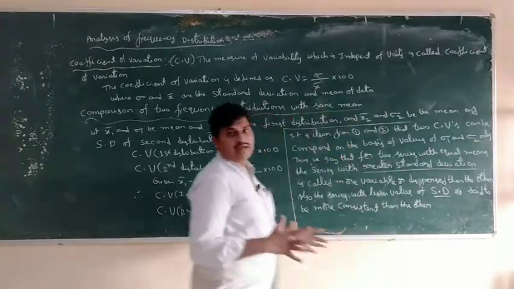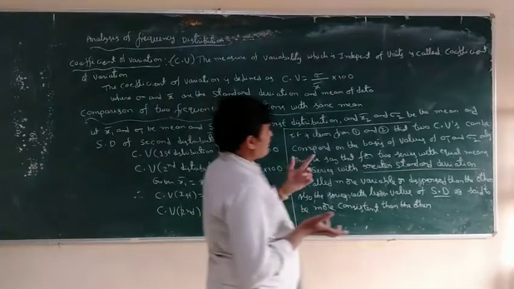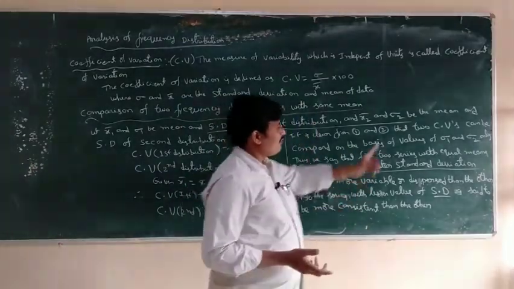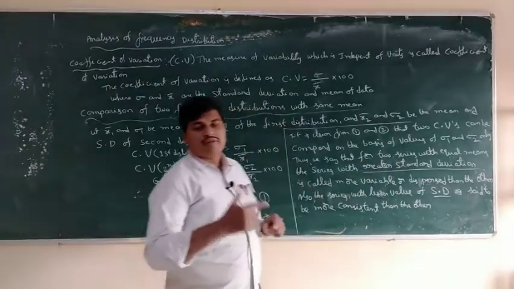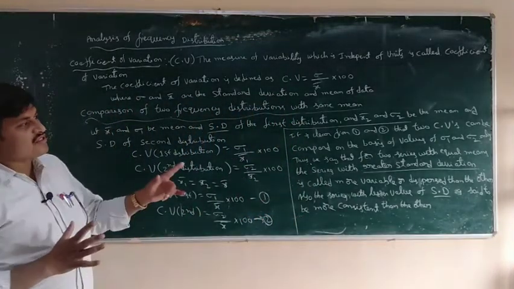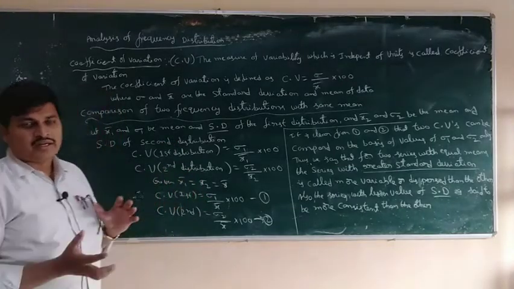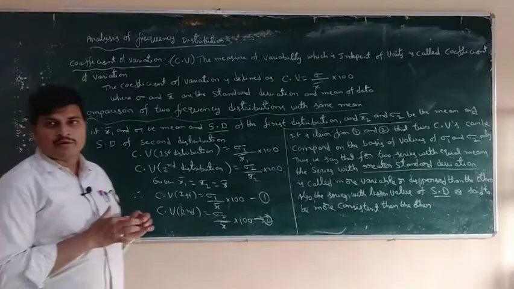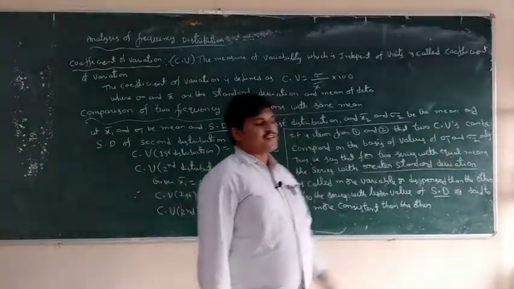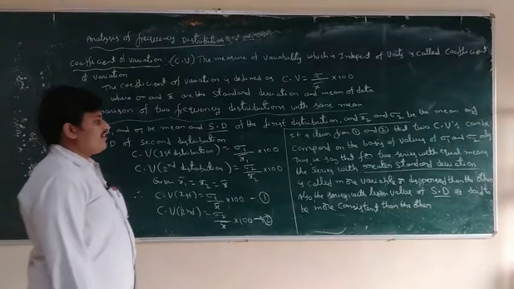How to compare? The two can be compared on the basis of the values of sigma 1 and sigma 2, that is, the first distribution's standard deviation and the second distribution's standard deviation.